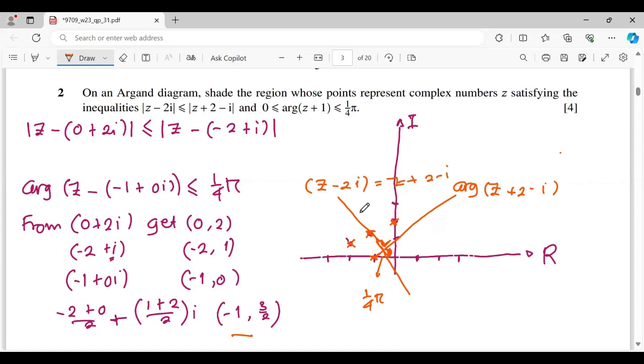Of course, you have to check the origin 0, 0 by substituting into this equation.